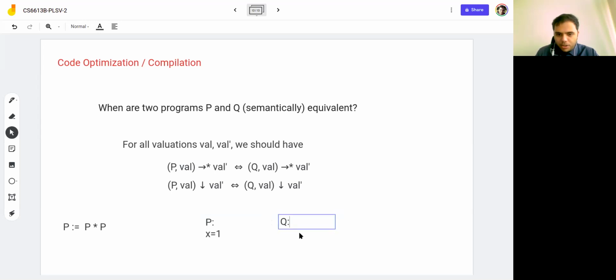And this is my program Q, which says, let's say x is 0, while x is not 1, you either increase x or keep it the same.